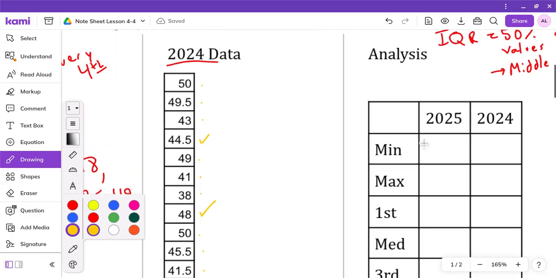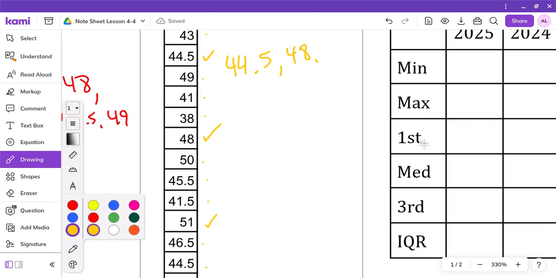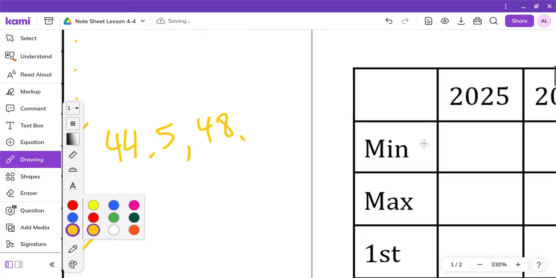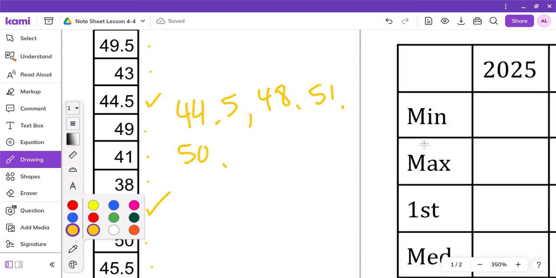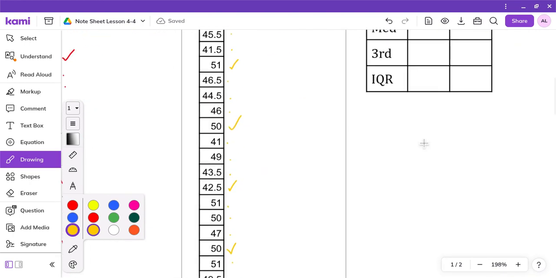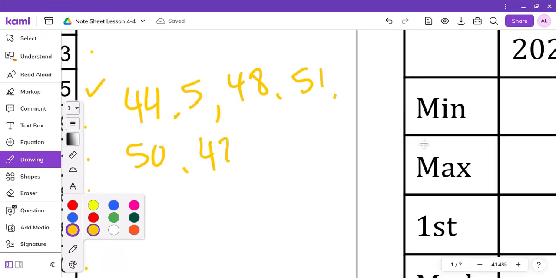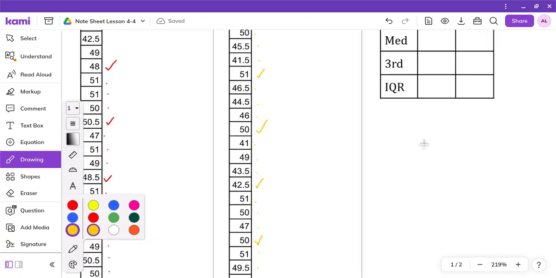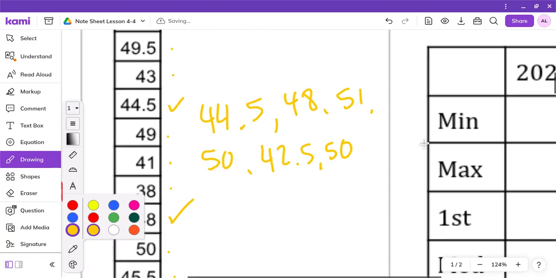Let's see how many I get here. 44 and a half, 48, 51, 50, 42 and a half, 50, that's it. Oh, look at that, I got the same number.